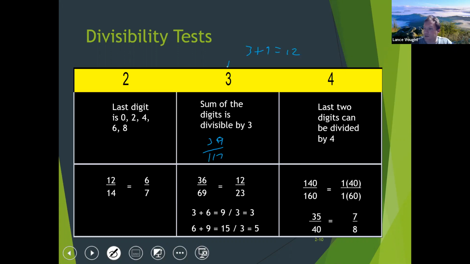If you add 1 plus 1 plus 7, you get 9. 12 and 9 are both divisible by 3, which means that this fraction can be simplified further. So if you divide both these sides by 3, you end up with 13 divided by 39.